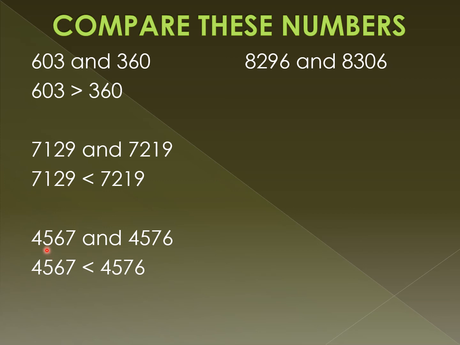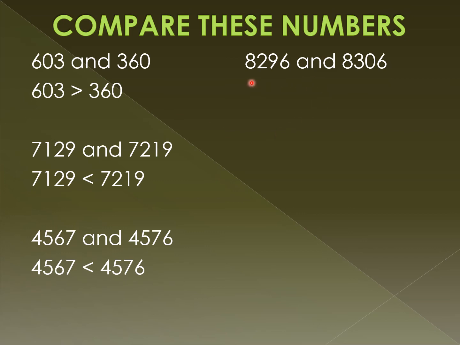The next digit is 5 and the other number is also 5. Hence, we compare the next digit. The next digit here is 6 and here it is 7. Clearly, 6 is less than 7. Hence, 4,567 is less than 4,576.